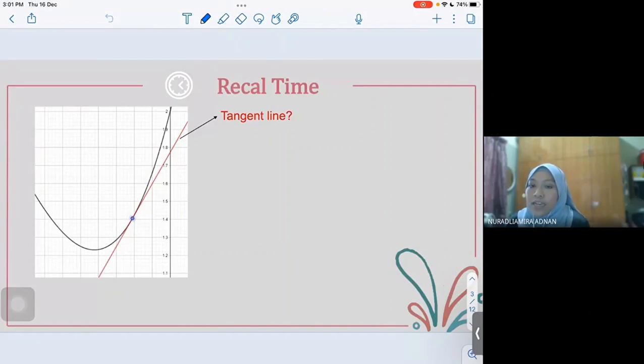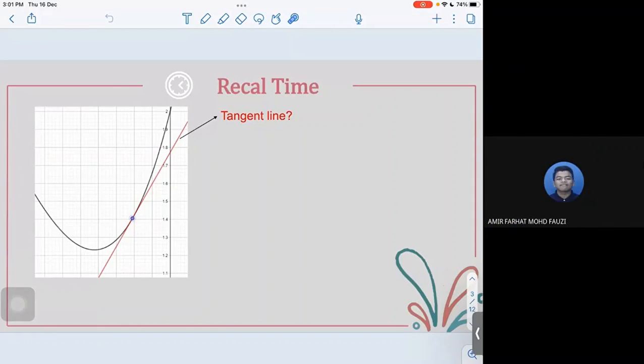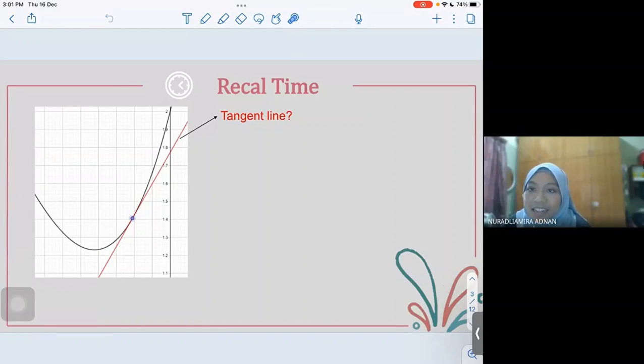So we recall, first of all, last week I already told you about what is a tangent line. Can you type in the text box, what is the definition of a tangent line? I already gave you a clue right here, this one and this one, the red line. A straight line that touches the curve at a point. Yes, thank you for your response.